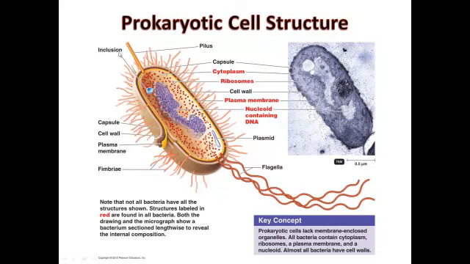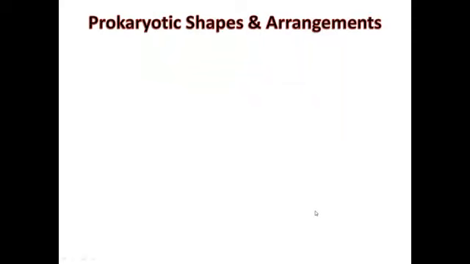Now, the terms in black are things that some bacteria have and some bacteria do not. So some bacteria have inclusions, some of them have pili, some of them have a capsule, and so on. So I'm going to leave you to memorize these terms and the functions of each of these structures on your own in the textbook.